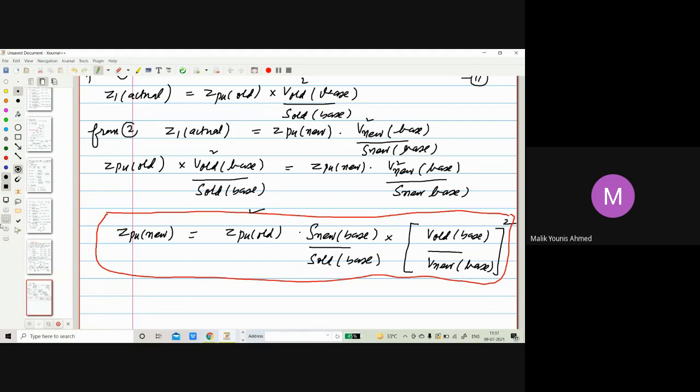So you have to use this formula: Z per unit old times S new base divided by S old base, times V old base divided by V new base, whole square. This will be clarified more in the coming lectures. So this was today's lecture, and we'll continue with some more things, and then move to the per unit representation of transformers. It will take one more lecture, I think. Let me stop first.